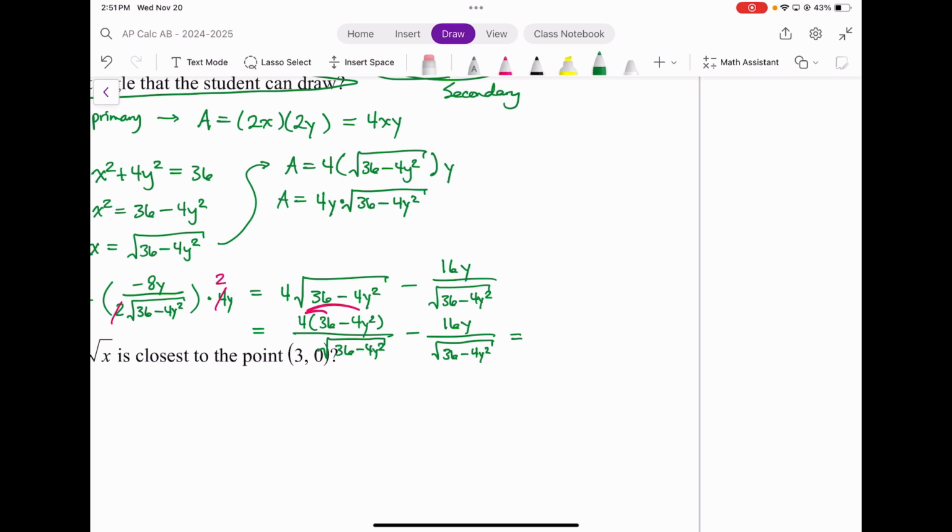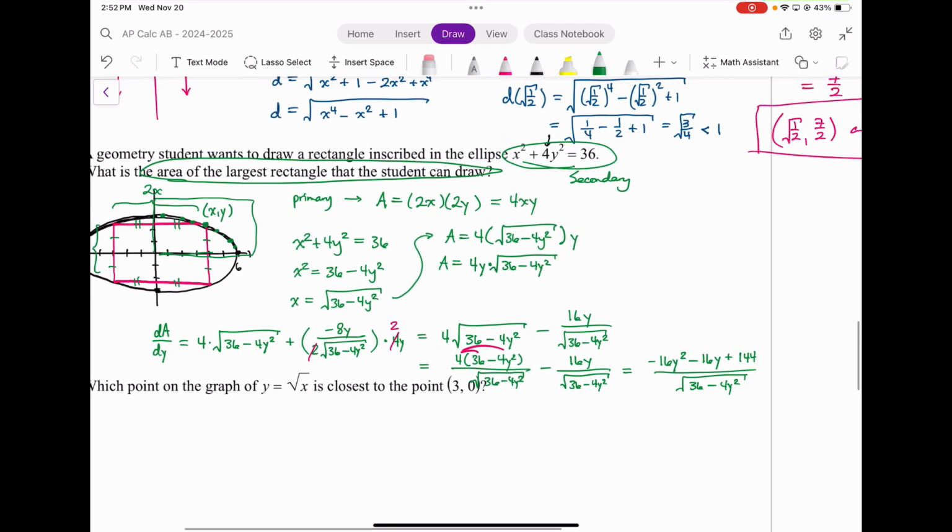So really it looks like we're just going to have minus 16y squared minus 16y plus, let's see, 4 times 36, 160 minus 16 is 144. So it looks like plus 144 over the square root of 36 minus 4y squared. Cool.